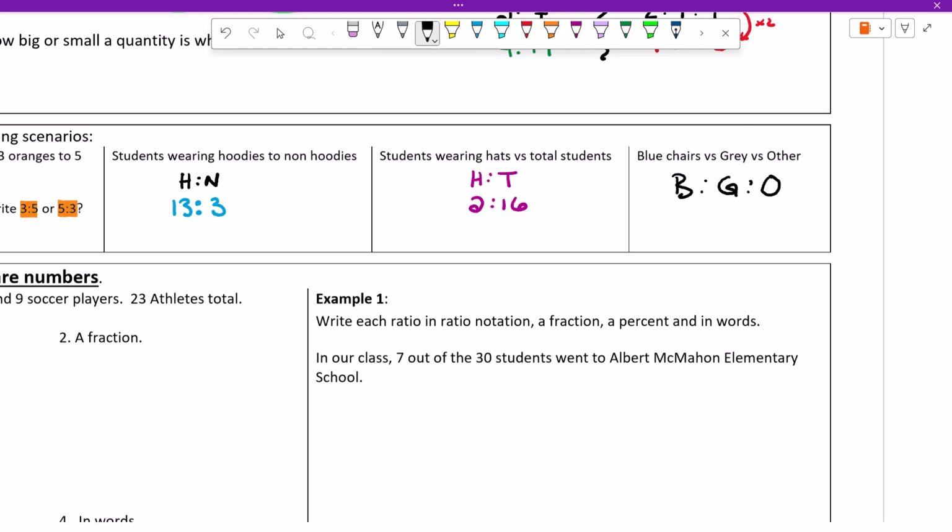There's one empty one there, and somebody's sitting on one, right? How many are gray? There is 1.